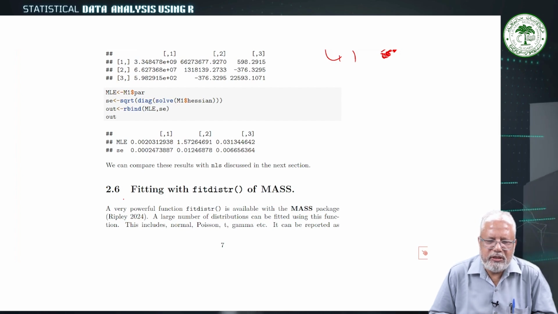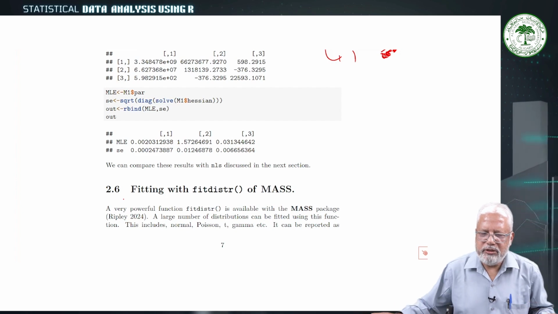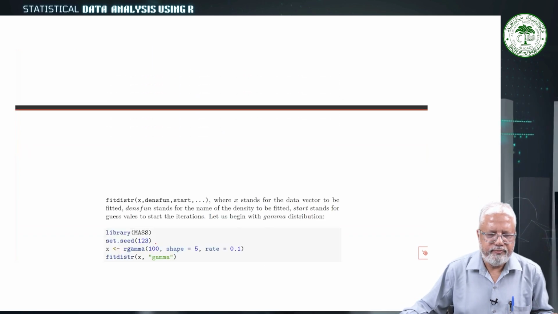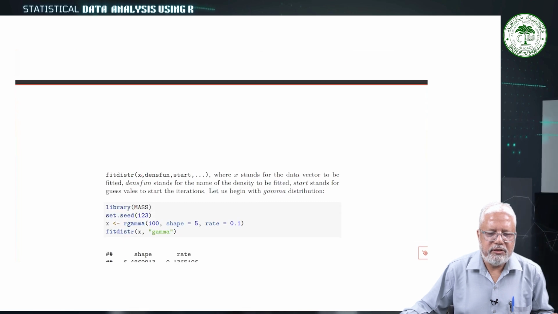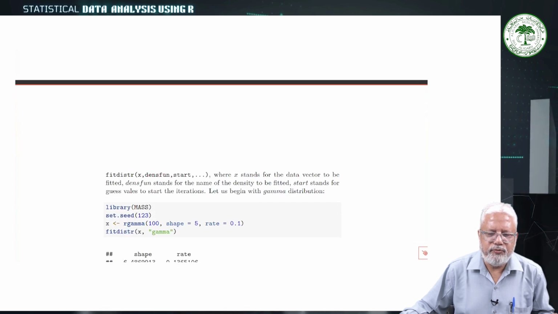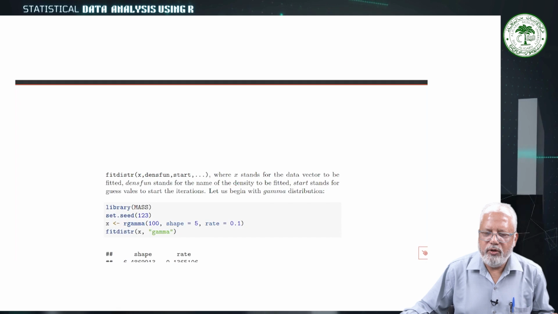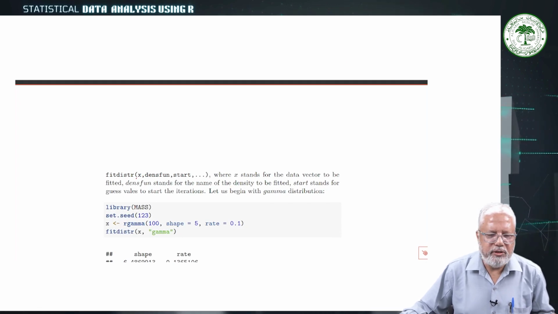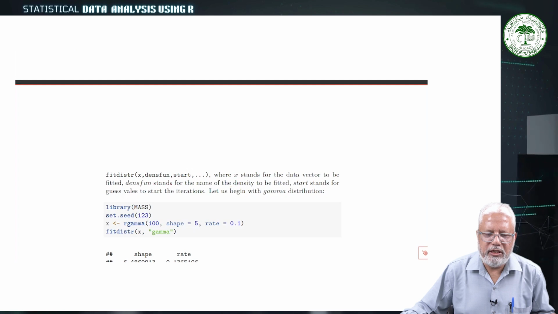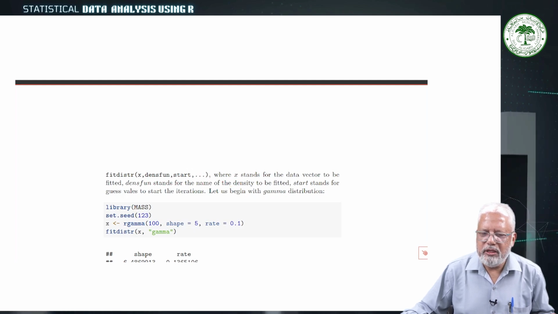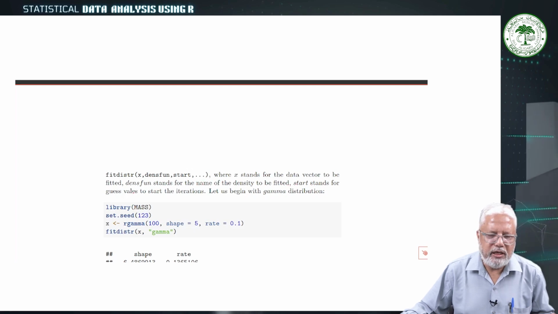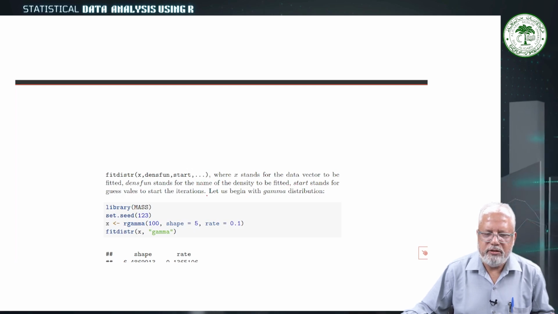So the function fitdistr includes normal, Poisson, t distribution. It can be reported as fitdistr x, then density function name and start, where x stands for the data to be fitted, density function stands for the name of the density function to be fitted, and start stands for guess values to start the iteration.